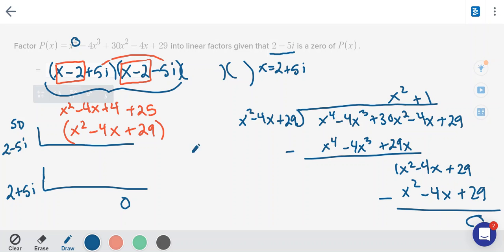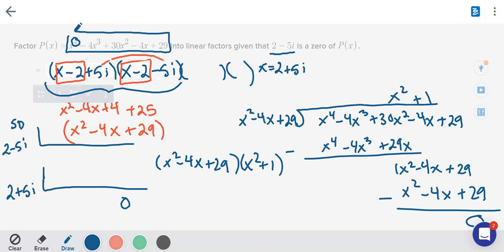Okay, remainder 0. And so right now, I know that these two quadratic factors result in this polynomial, but I don't want the quadratics. I want the linear. Well, I have two of the linears, okay?